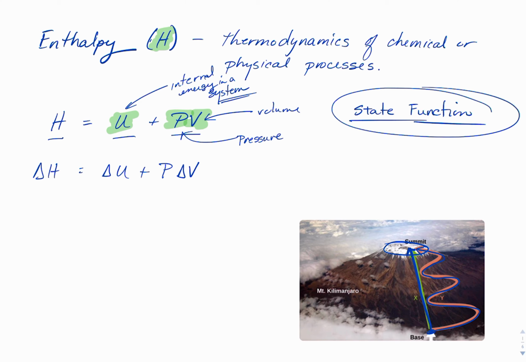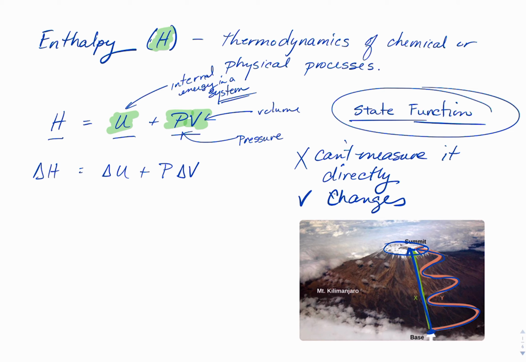The only problem with the U and the P and the V within the enthalpy equation is the fact that we can't actually measure it directly. However, we can measure changes in enthalpy.